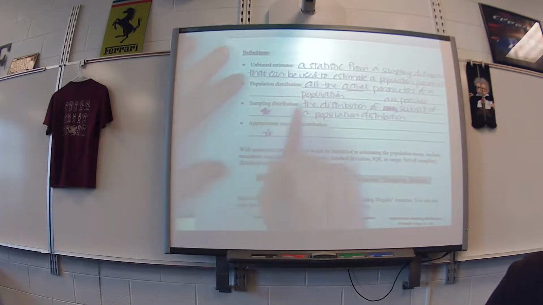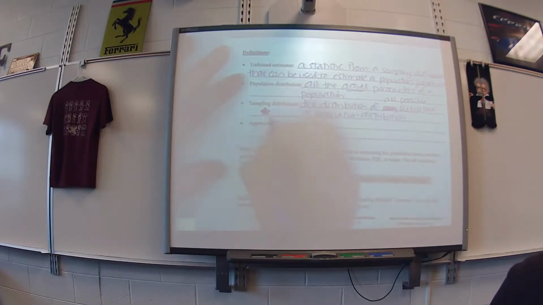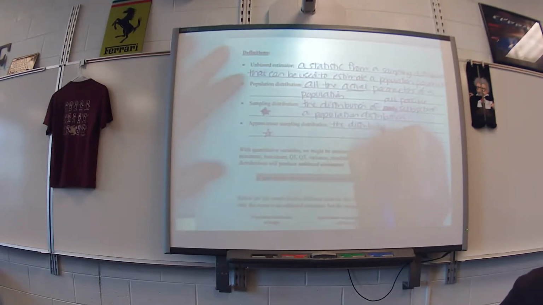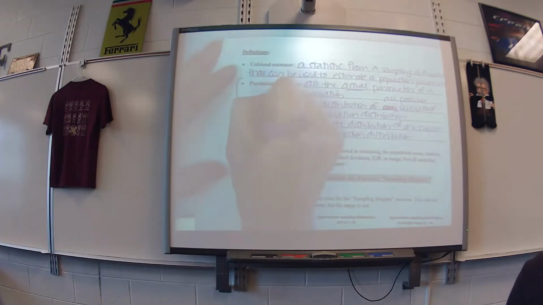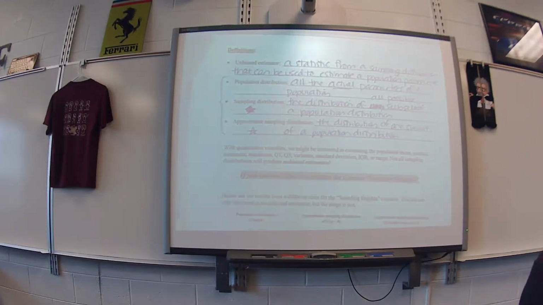A sampling distribution is the distribution of all possible subsets of a population distribution, and an approximate sampling distribution is the distribution of one subset of a population distribution. And these vocab words get very confusing because they all feel like the same thing. I'm hoping they'll make a little bit more sense after we finish this exercise and we actually look at the graphs and we talk about it, okay?